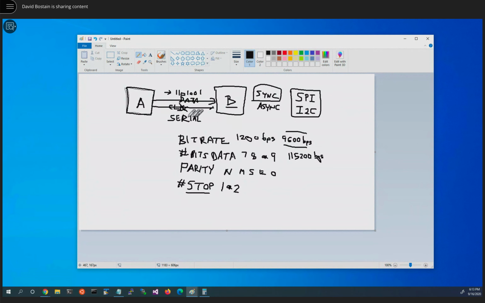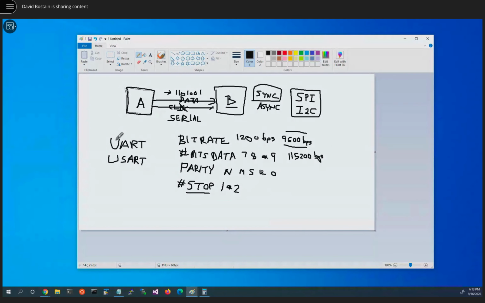The device we would use in order to send characters of this form is called either a UART or a USART. And for our purposes, they're fairly much the same thing.